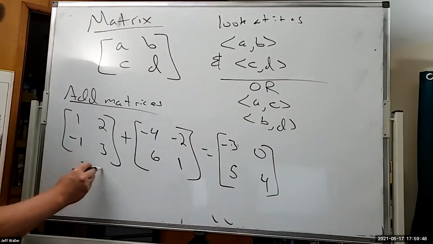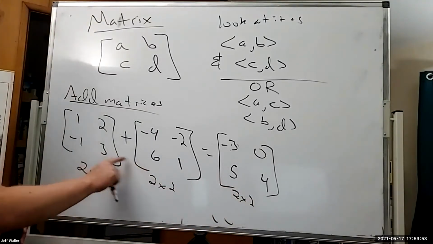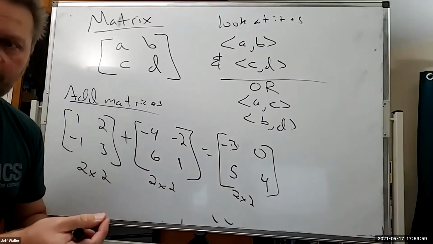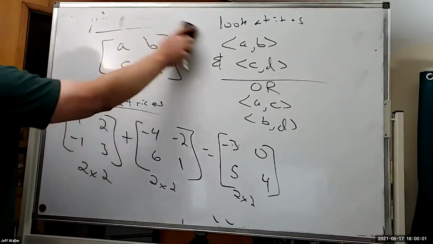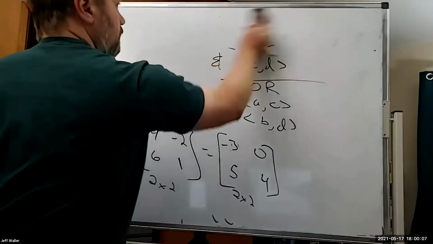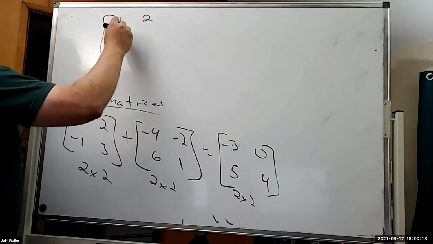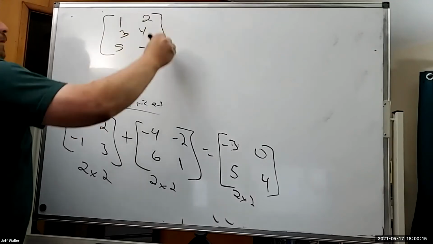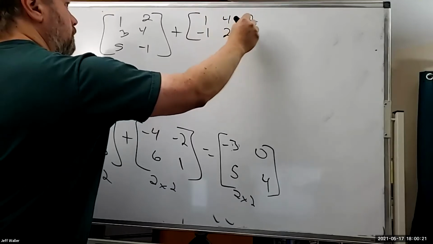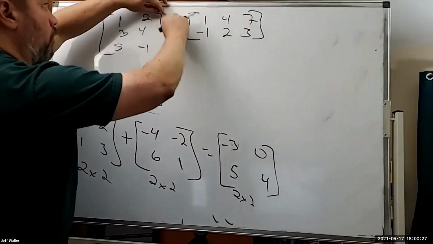This is a 2x2. This is a 2x2, and that's why this is possible. You can only add and subtract matrices that have the exact same dimensions. Because if I try to add this matrix to this matrix, I can go, okay, 1 + 1, 2 + 4, void, + 7.